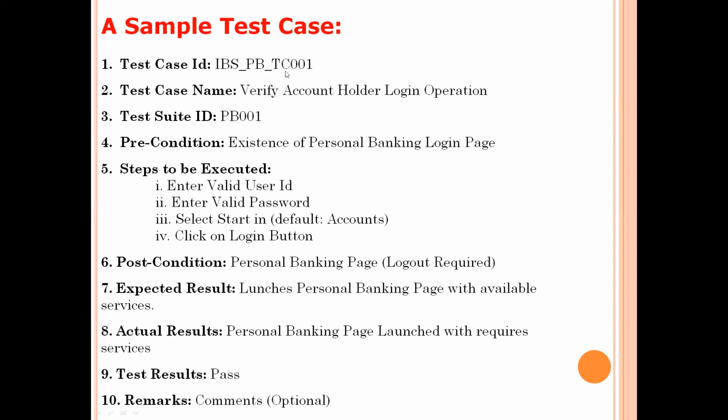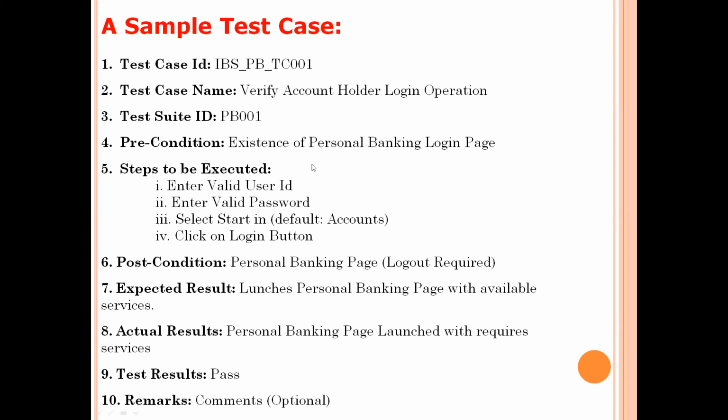Like this, you can use unique, understandable, readable IDs. Next, test case name, verify account holder login operation. Test suite ID, personal banking 001. In personal banking, the first test suite, or you can say test batch.